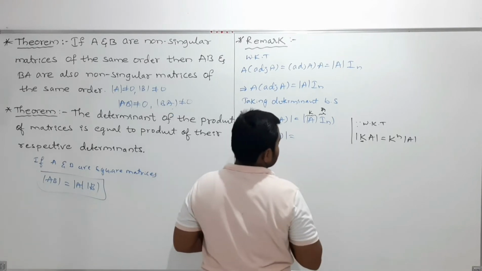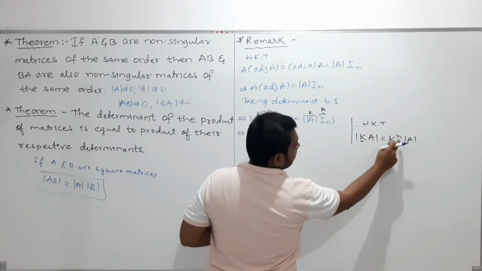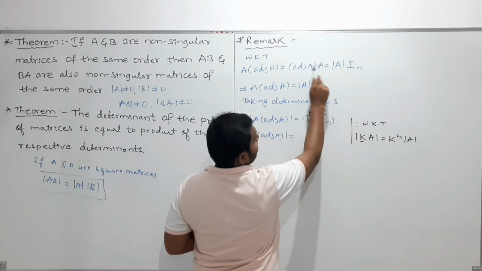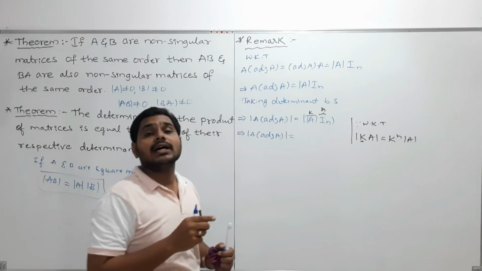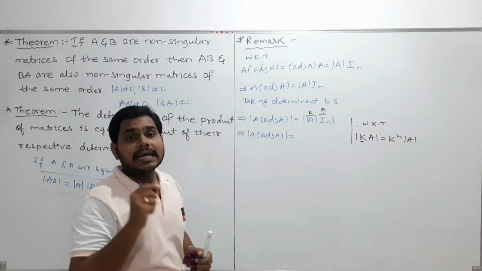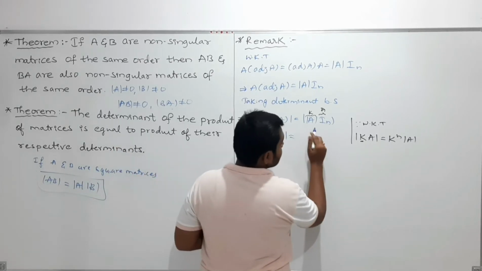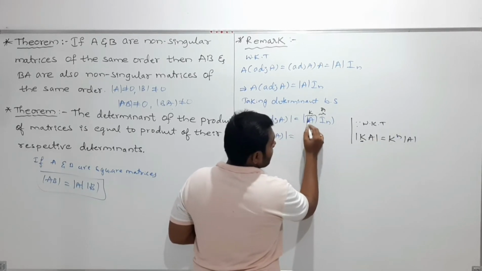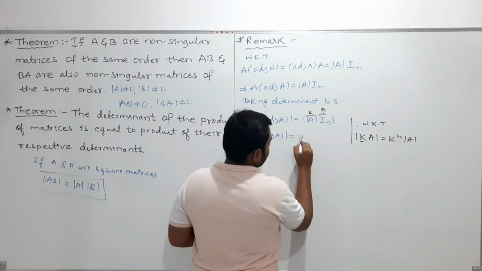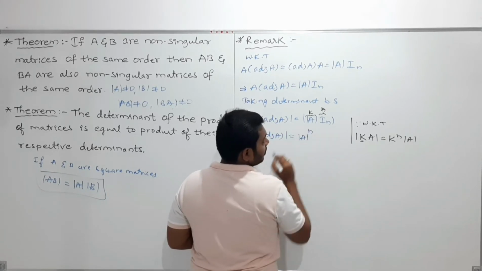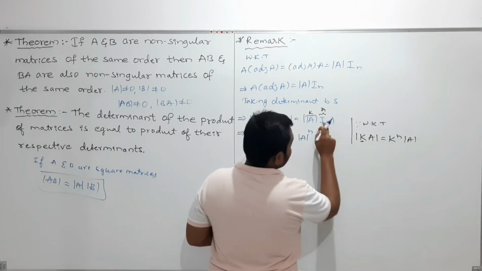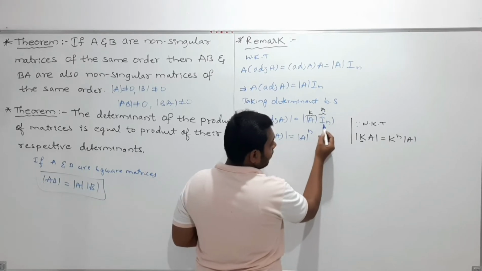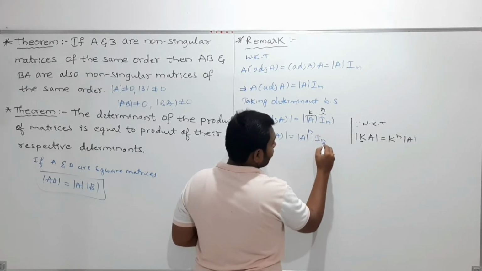After applying this result, I can write K to the power n, where A is the matrix of the order n. So here I am discussing for the n order. Determinant of K into A can be written as K to the power n, and K means determinant of A. Therefore determinant of A whole to the power n into determinant of IN.